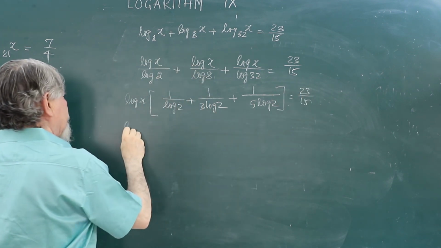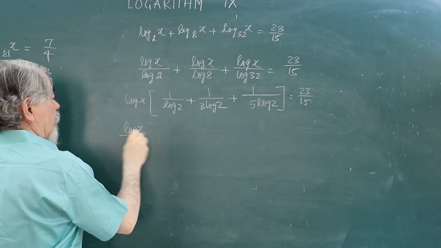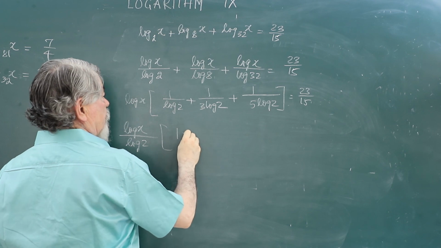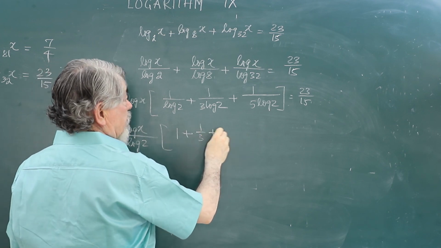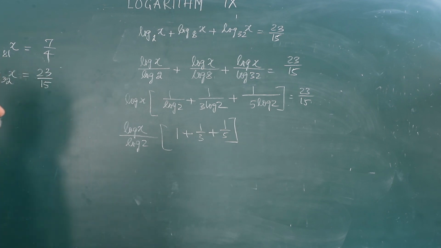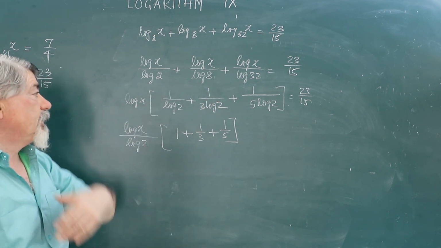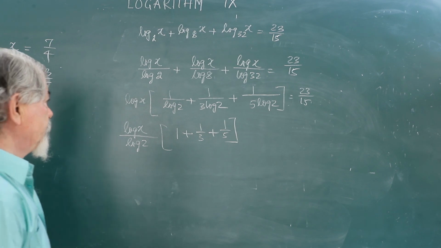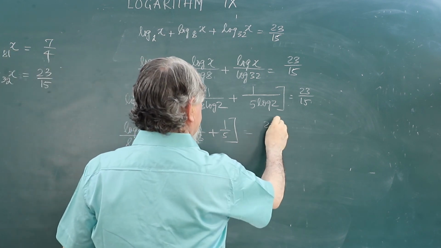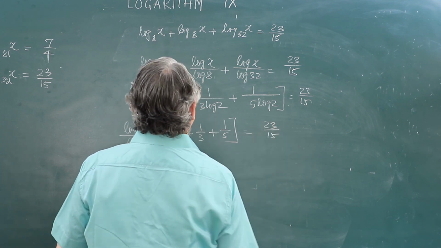So we can take out log 2 here. It will become 1 plus 1 upon 3 plus 1 upon 5. You add them, and you will get 23 upon 15.